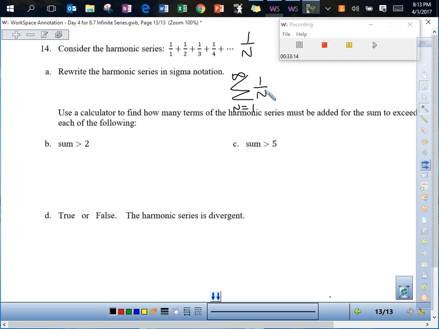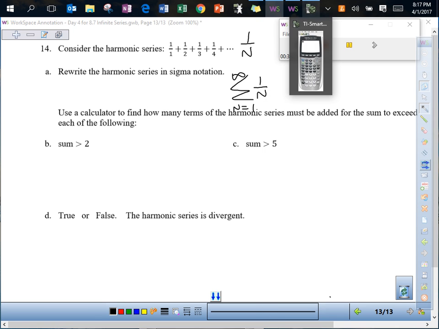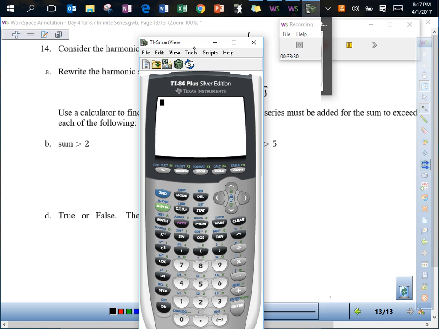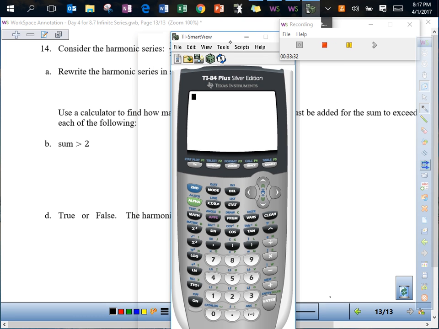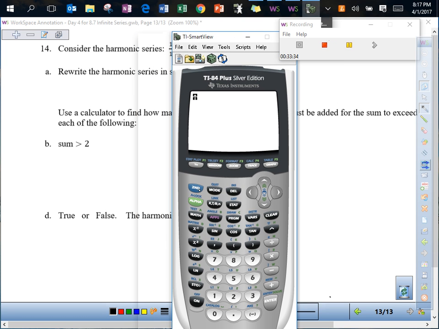Now it says, use a calculator to find how many terms of the harmonic series must be added for the sum to exceed each of the following. So here goes again. Launch your calculator. Second stat, over to math, down to sum, then second stat, over to operations, and sequence.